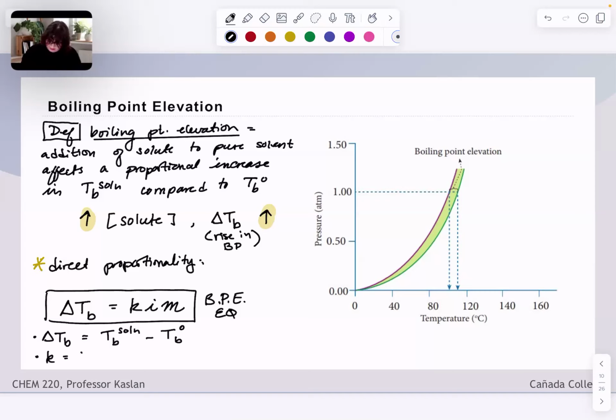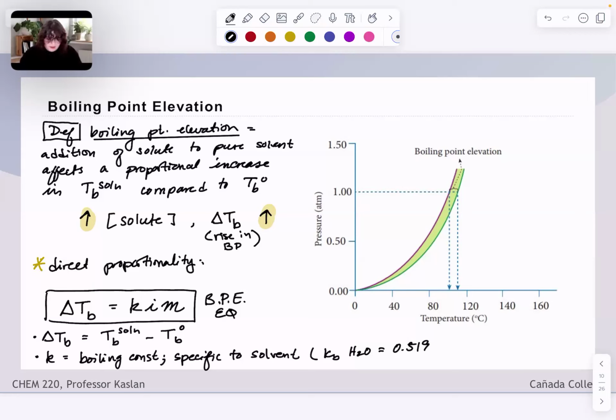K is called the boiling constant. This is something that is specific or unique to the solvent. So K_b, just to indicate it's the boiling constant for water, is equal to 0.519.